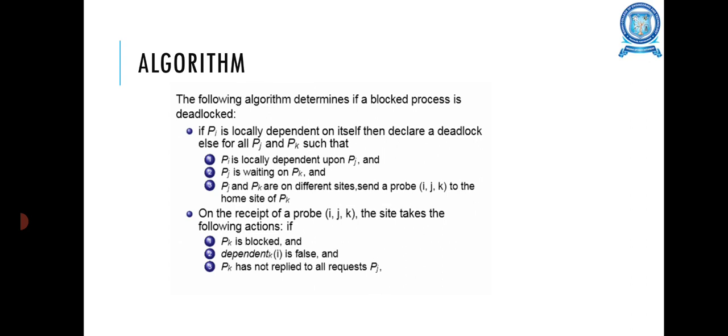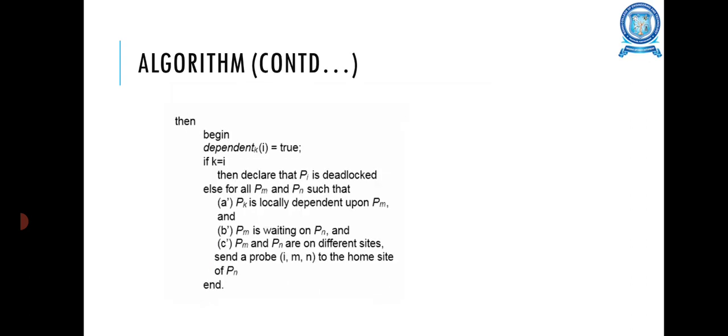Then, on the receipt of a probe (i, j, k), the site takes the following actions: if Pk is blocked, and dependent_k(i) is false, and Pk has not replied to all requests, then set dependent_k(i) to true. If k equals i, then declare that Pi is deadlocked; else, for all Pm and Pn such that these conditions are satisfied, send the probe.